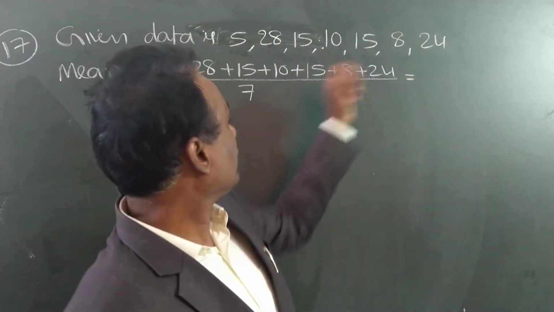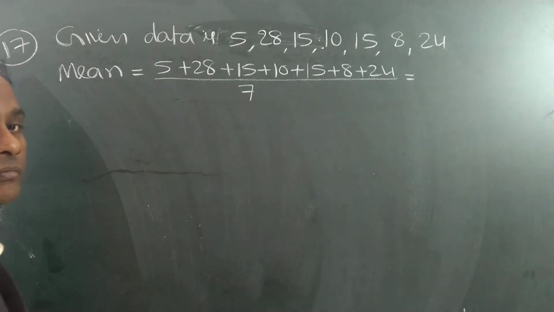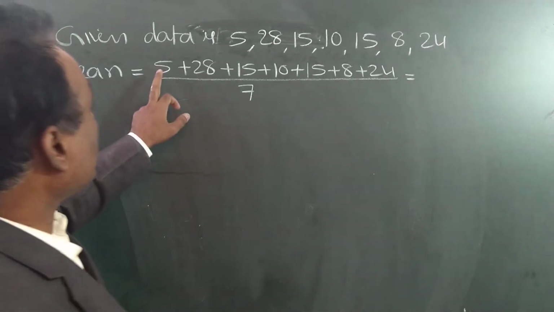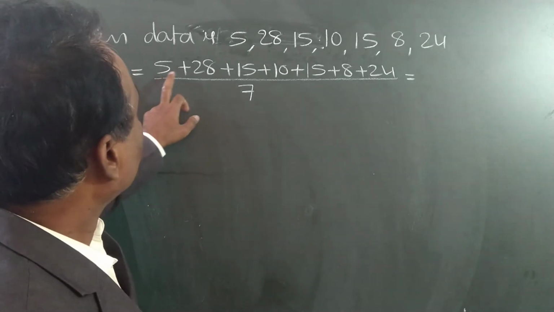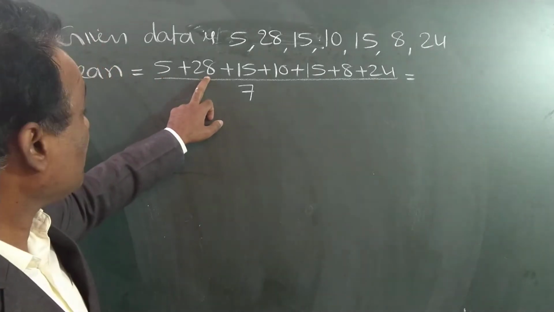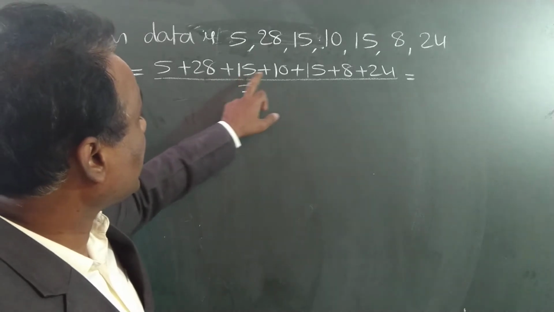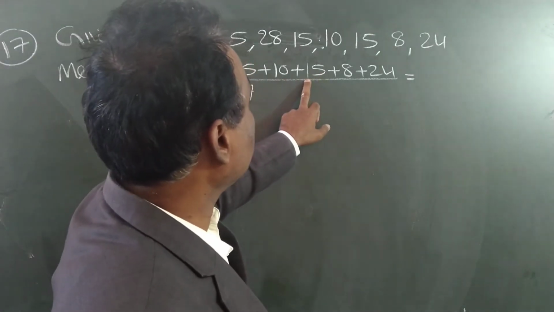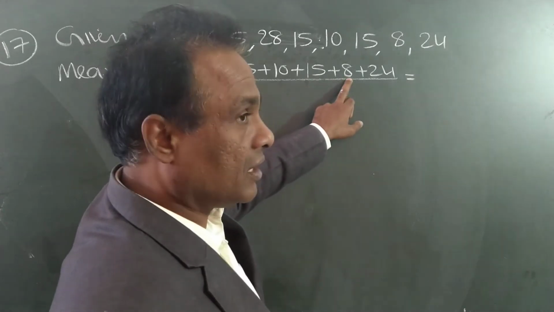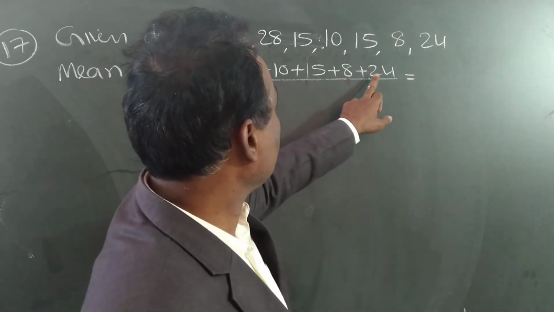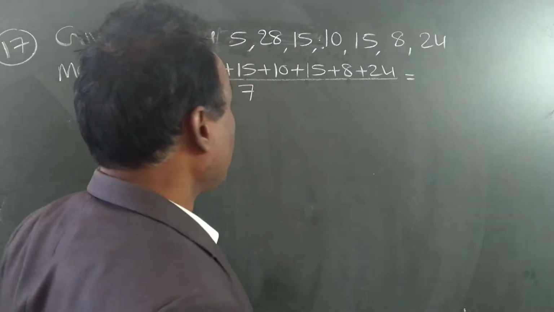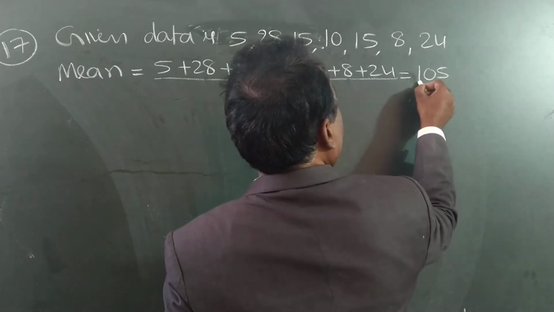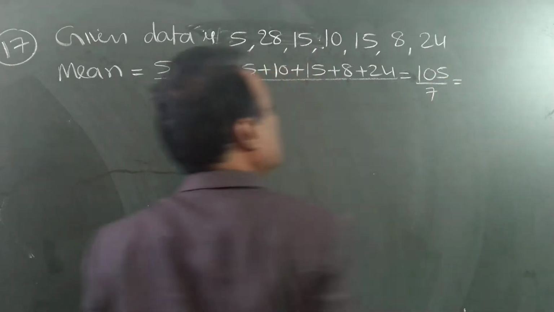So add this. 5 plus 28, 33, 48, 58, 63, 73, 81, 105. Students, you check it. Is it correct?